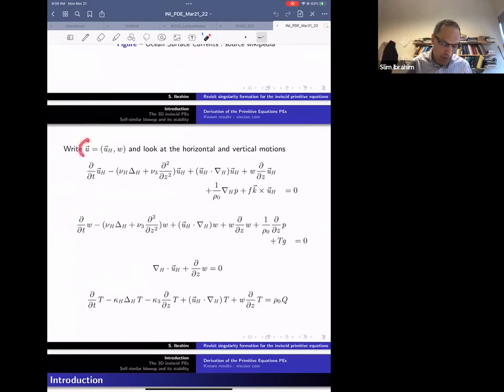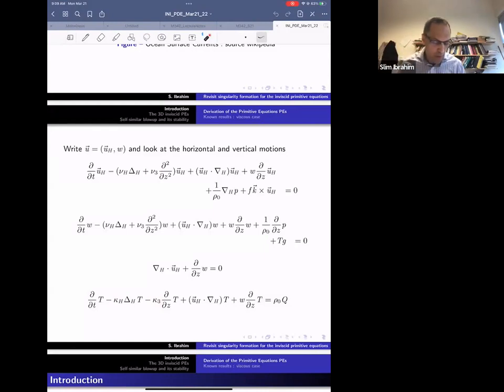The velocity vector field U consists of the horizontal velocity, and W is the vertical component of the velocity. As you can see here, I went further and split the viscosity by distinguishing the horizontal viscosity from the vertical one. I did the same thing for the diffusivity: this is the horizontal diffusivity, and this is the vertical one.